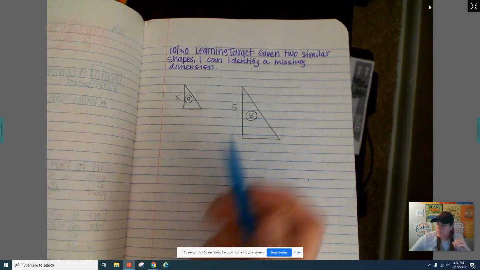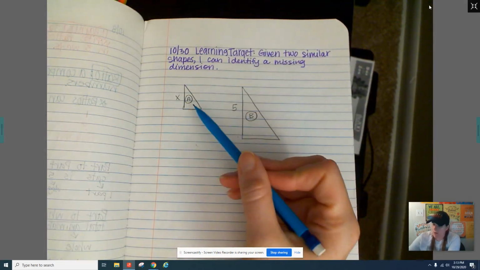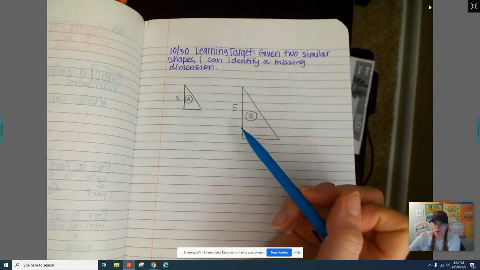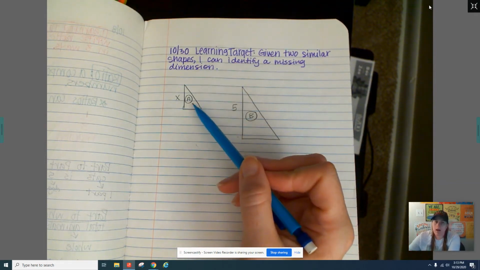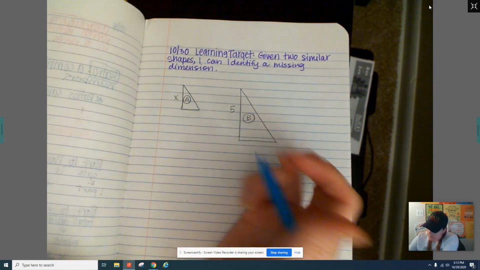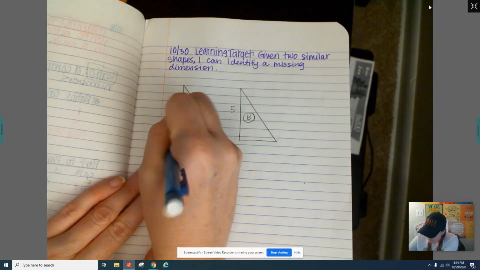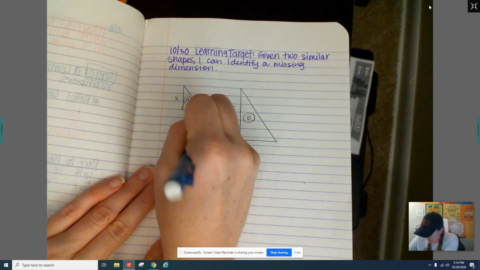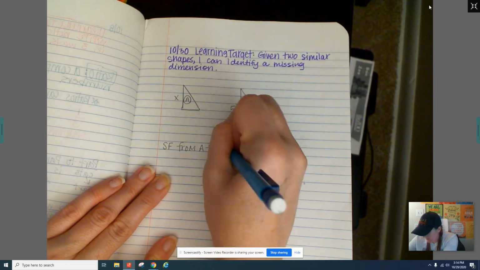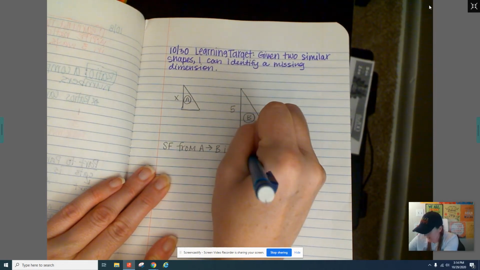So the first example that I have here is two different right triangles. One is the scale copy of the other, copy A and then copy B. I'm going to tell you that the scale factor from A to B is 2.5.